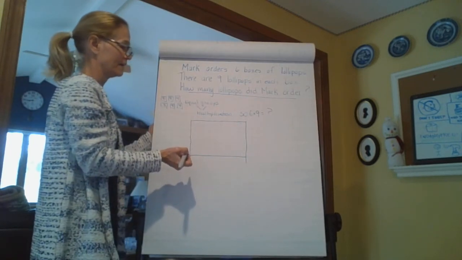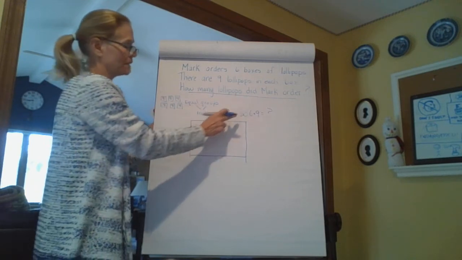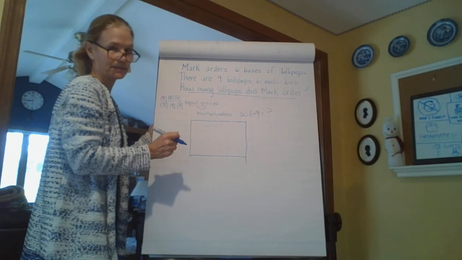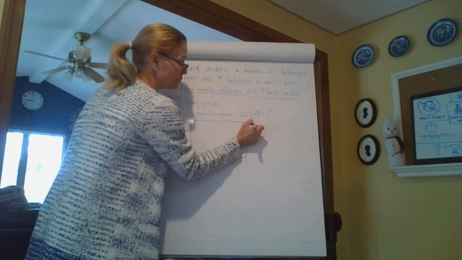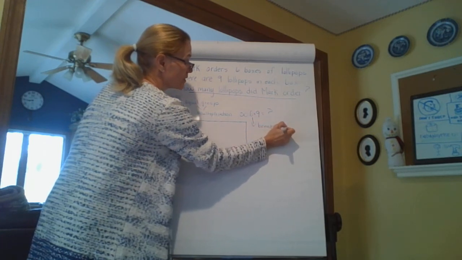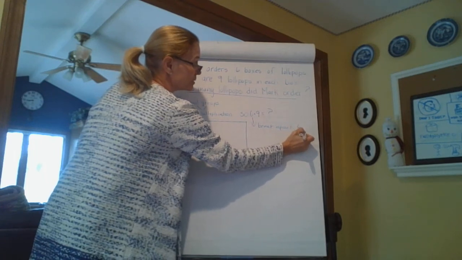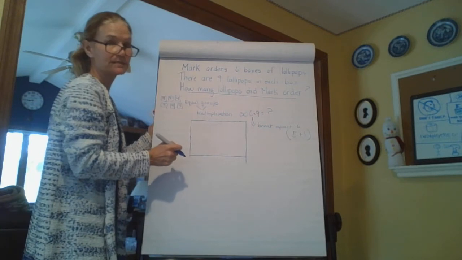Now I got to think, what factor am I going to break up? I, in my head, think 6 is an easy one because 6 can be 5 plus 1. So if I decide to break apart 6 to 5 plus 1. 5 plus 1 equals my 6.